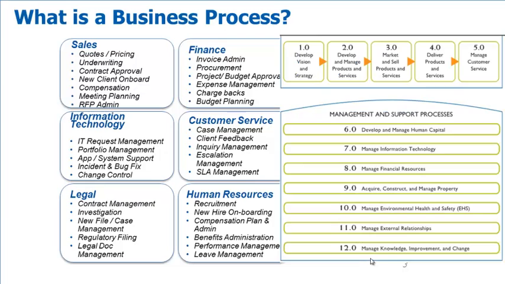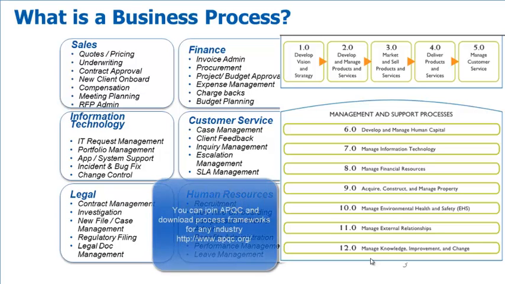One way to also define business process a bit more granularly or more formally is to follow a business process framework. The APQC, or American Productivity and Quality Center, produces PDF documents which provide process frameworks for every industry.